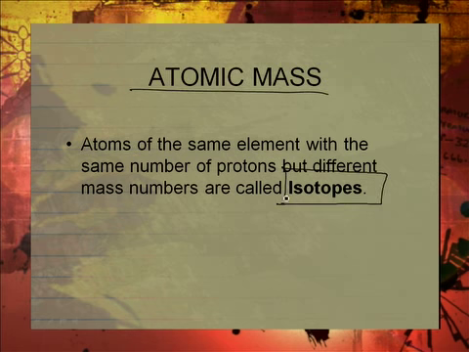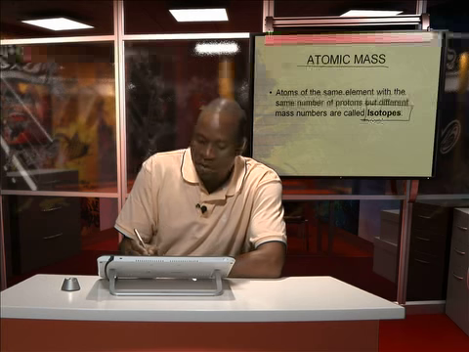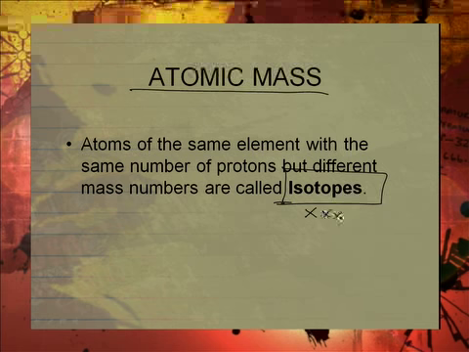Those type of atoms of the same element with different atomic masses, but the same number of protons, we call them isotopes. So if I were to ask you to define what an isotope is, you will say these are atoms of the same element with the same number of protons but different mass numbers.